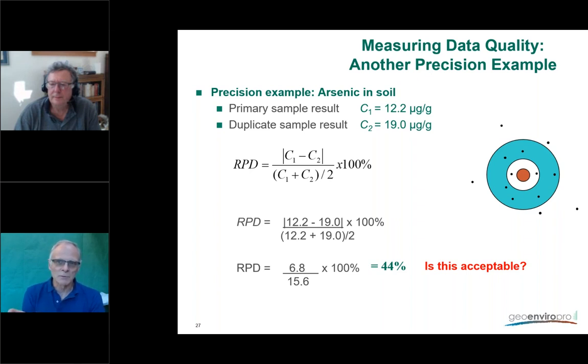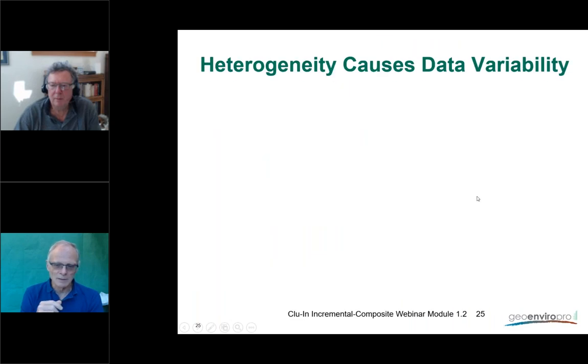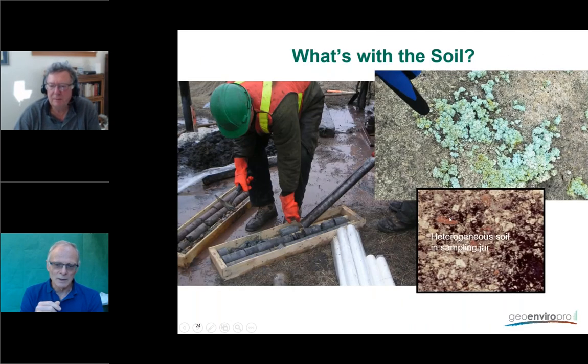It's different, for example, if you have an RPD that's much higher, where you have a much bigger difference between the original sample and the duplicate. That's when you go back to the jar and look at the soil. One of the pictures you showed there with examples of variability was the one that had the red and black spots in it. I have had a sample like that that had high pH, and it had high PAH readings in the duplicate.